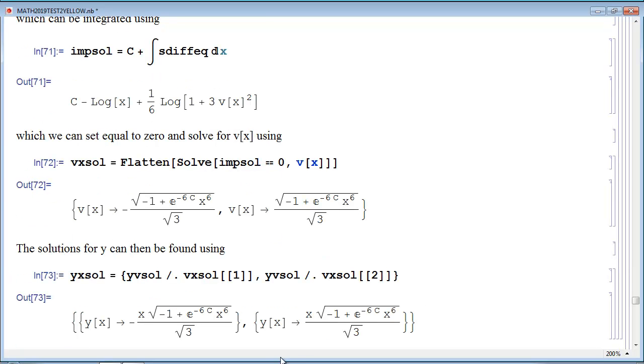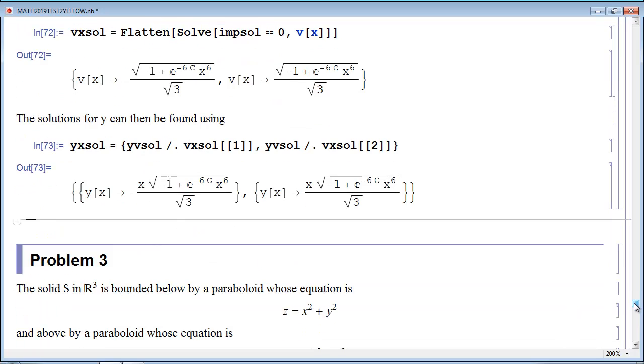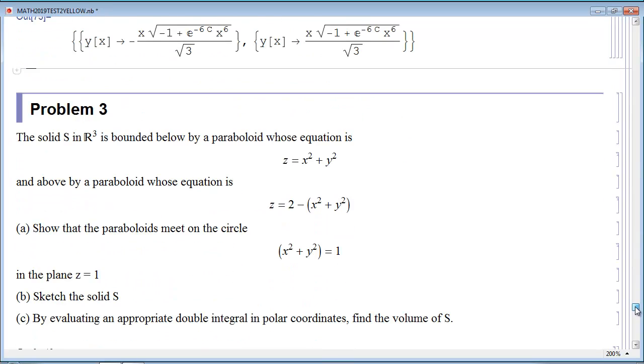So we can see there are two solutions, and whichever one's relevant will depend on the initial conditions. So there we go. That's the solution of that one. Let's move on to problem 3.